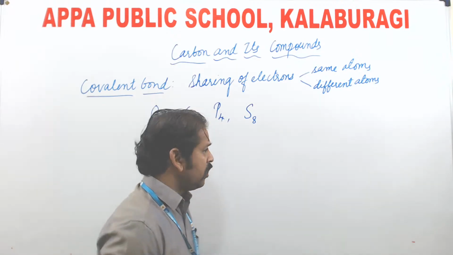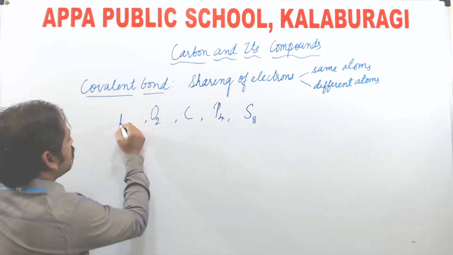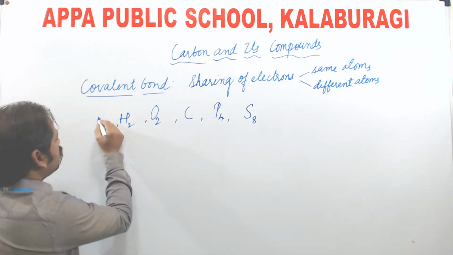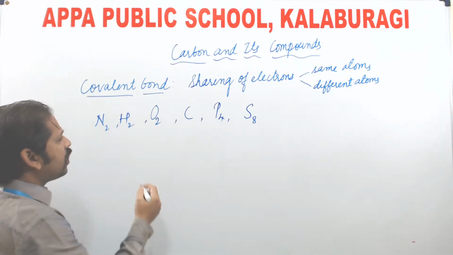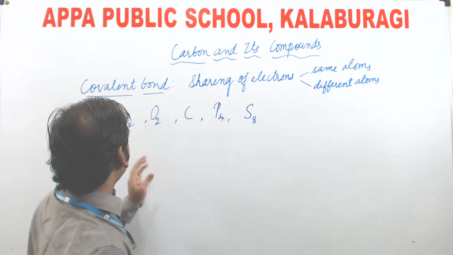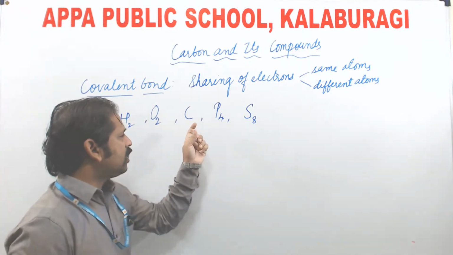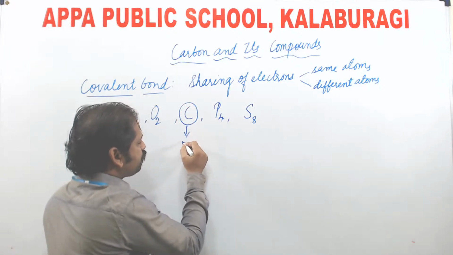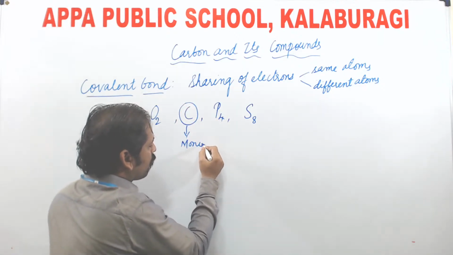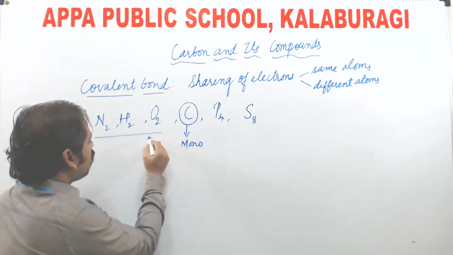Apart from oxygen, we write hydrogen and nitrogen as diatomic too. It is only carbon that is monoatomic here.